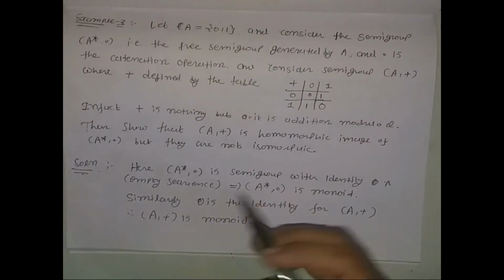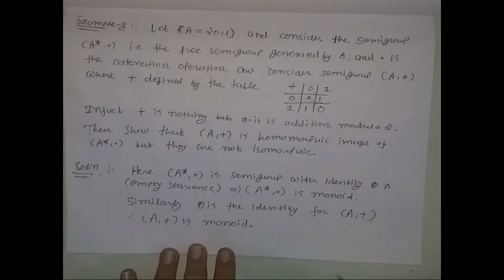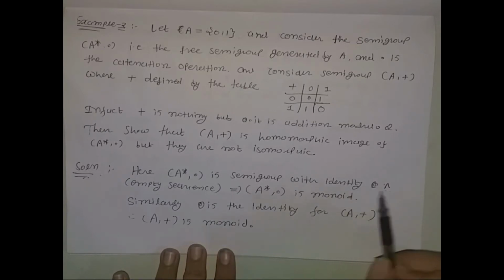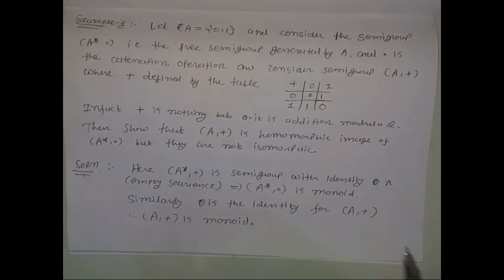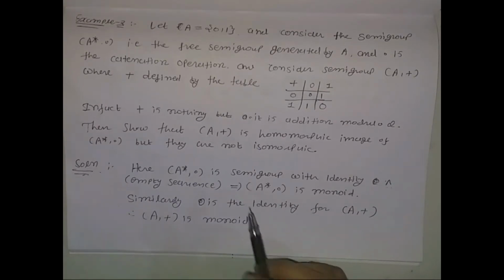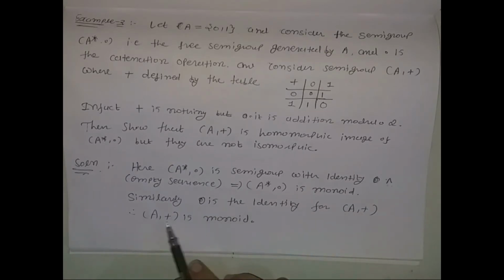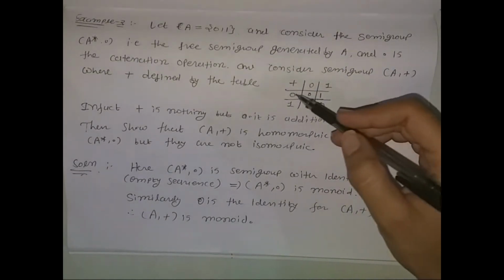Now if we consider the empty sequence, then the empty sequence is the identity element for A star. So this semigroup is a monoid. Similarly, 0 is the identity element for A plus. You can verify it.